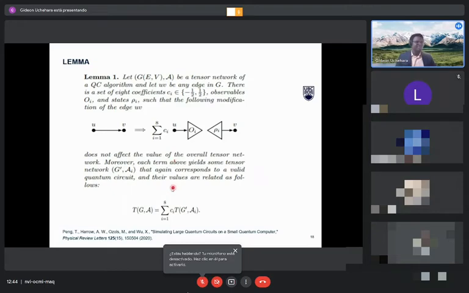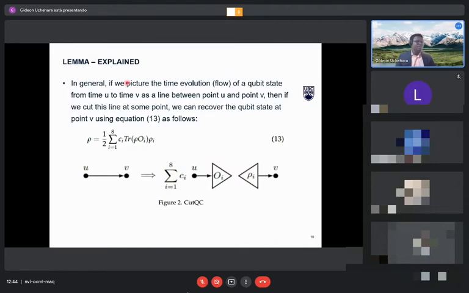There's no time to go over the proof, but this is just a simple explanation of this concept, or this lemma. So in general, I've explained the flow of a qubit from U to V as a line between point U and point V. If we cut this line at some point, we can recover the qubit state at V using this equation.